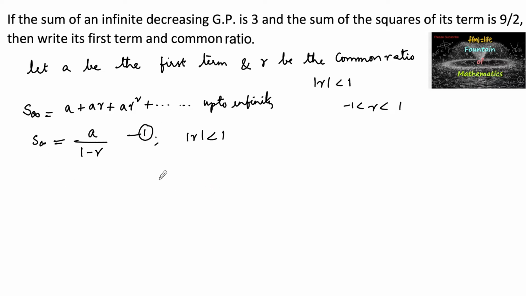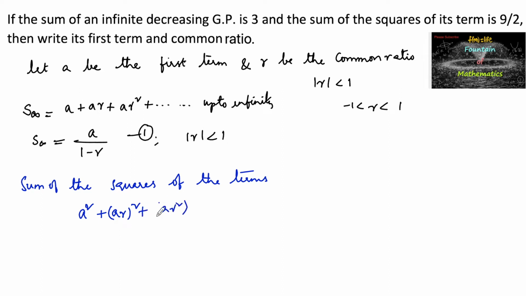Let's call this equation 1. Now the sum of the squares of the terms can be taken as A square plus AR whole square plus AR square whole square and so on up to infinity, and the sum is given as 9/2.